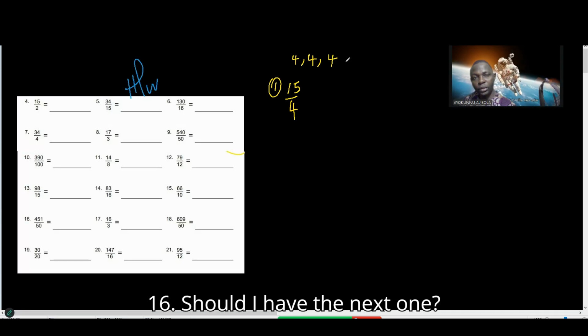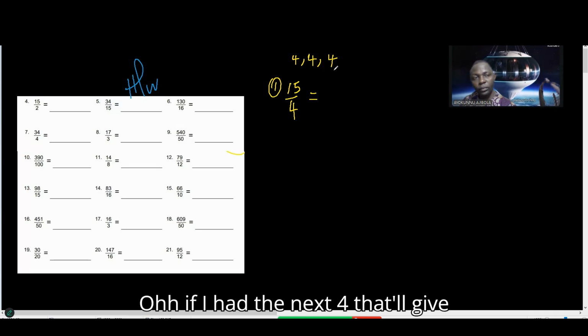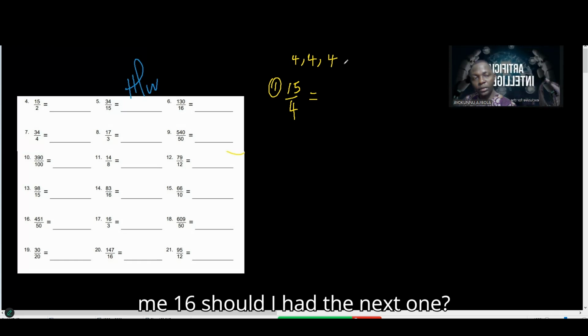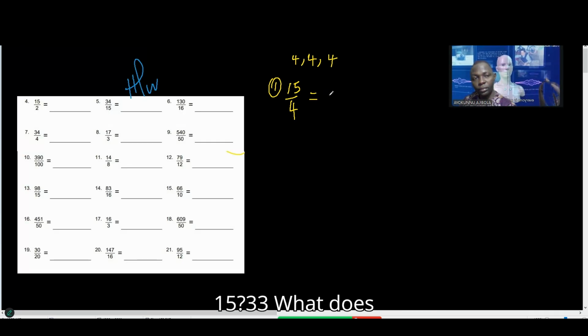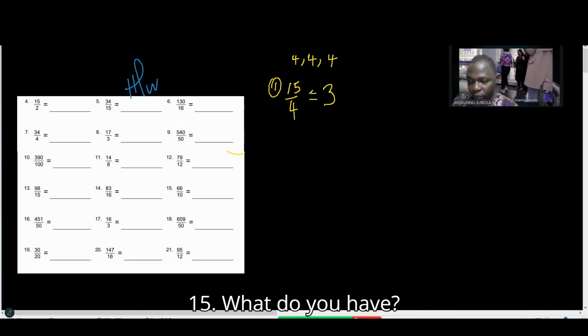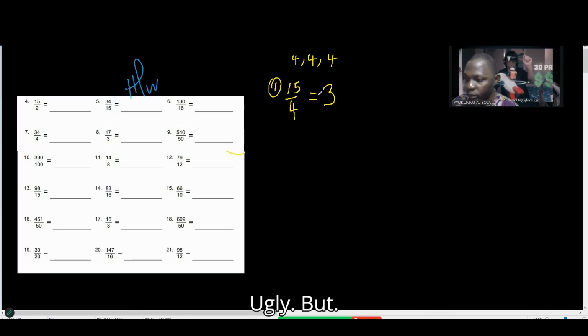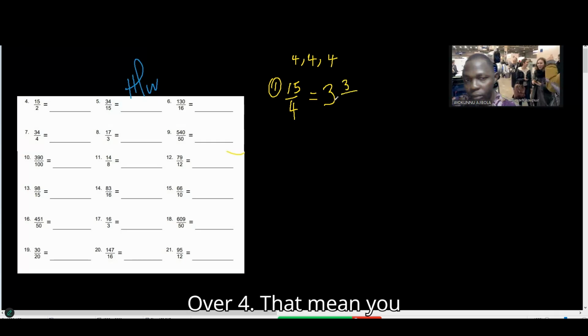If I add the next 4, that will give me 16. Should I add the next one? No. How many 4 can I see in 15? 3. What does it remain? That's 12. Remove 12 from 15. What do you have? 3 over 4.